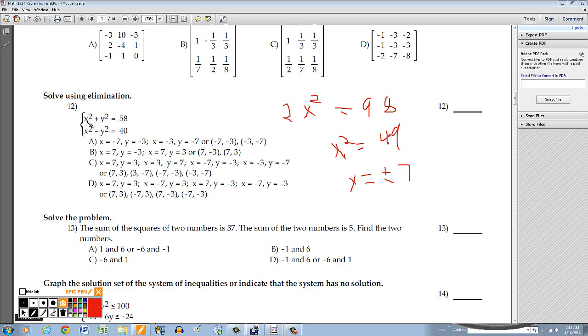Put a 7 right here, and that would be 49, 7 squared is 49. 49 subtracted from 58 is 9, so that tells me y squared is equal to 9.